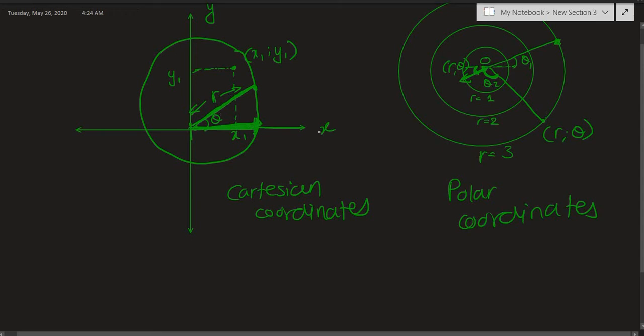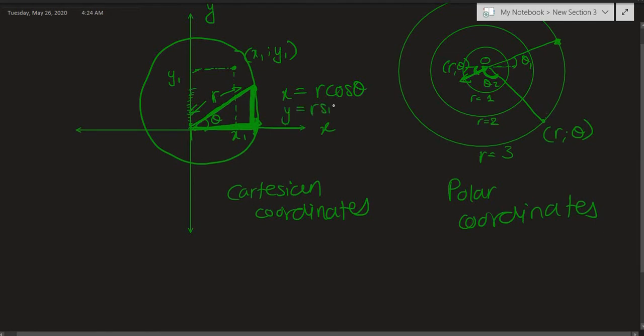So how many x's it has is basically this horizontal length. You can see that x equals r times cosine of theta, because r is the hypotenuse, so x is naturally r times cosine of theta. And the vertical distance, or basically how many y's it has, or how many units it is placed on the y-axis, can again be represented by the sine.